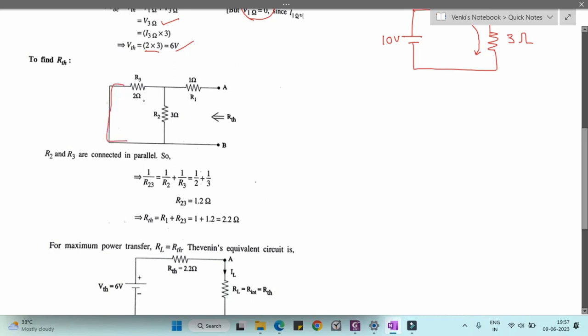In this circuit the 3 ohms and 2 ohms are in parallel, so by using the parallel resistance formula they have calculated the equivalent resistance R23 for R2 and R3. Now the circuit will change like this.